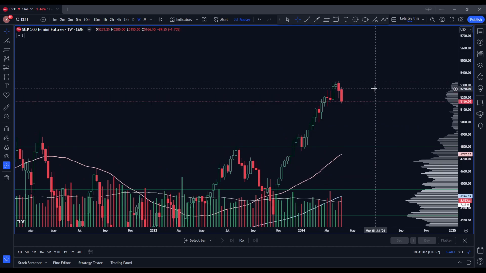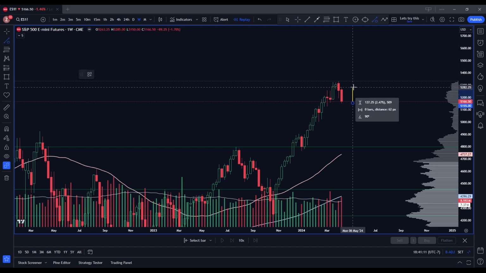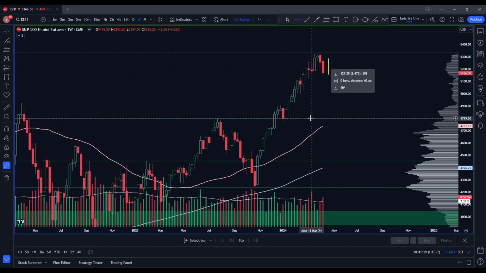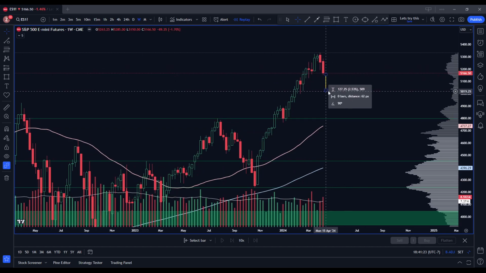Even on a weekly basis, like this was a pretty volatile week, right? And we moved 120 points. So with that in mind, it doesn't make sense to plot a level all the way down here when in a week, maybe we'd only get down to 5025, worst case scenario. Okay, maybe we could go a little further, you never know.